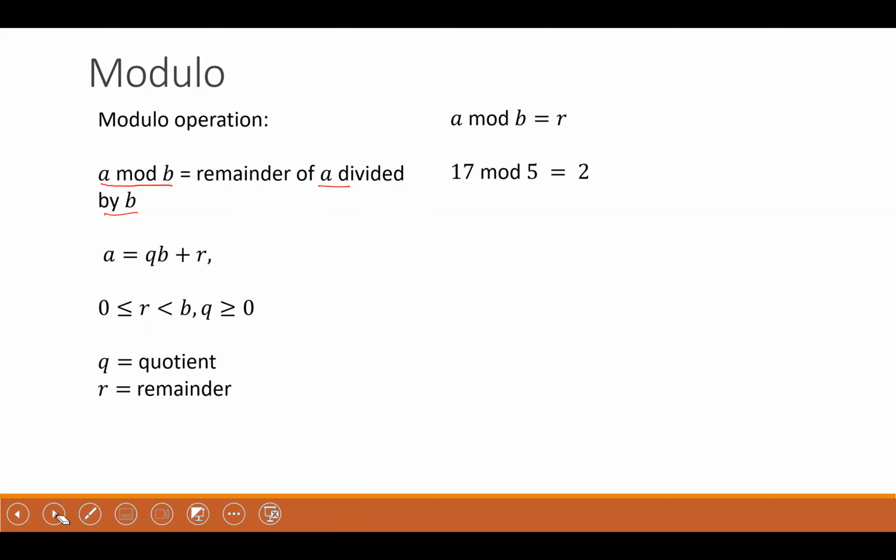Okay, so some examples: 17 mod 5 is equal to 2, right? We talked about how we could express 17 as 5 times 3 plus 2.